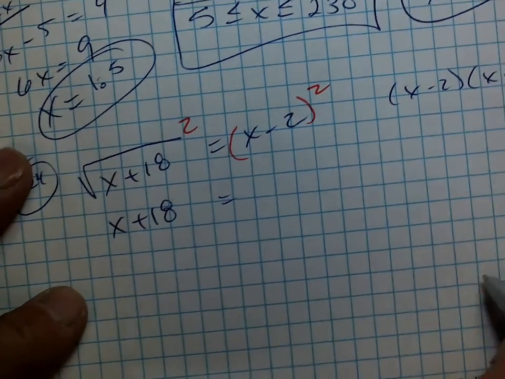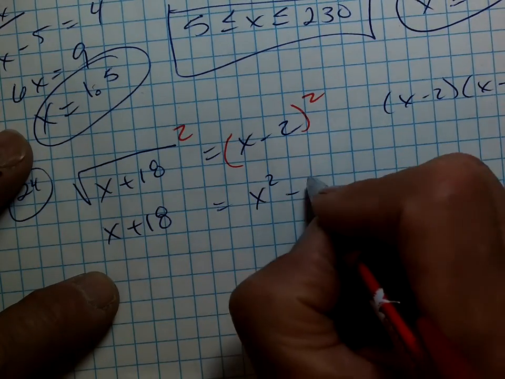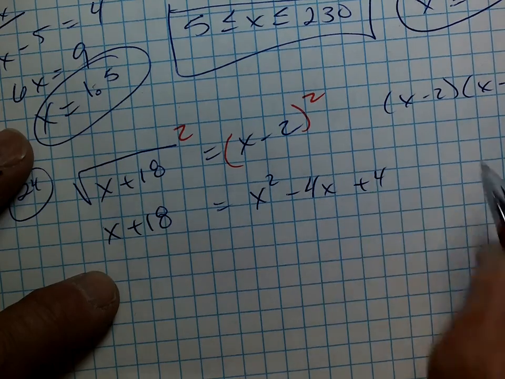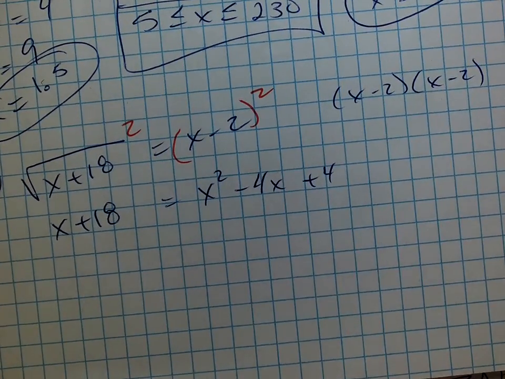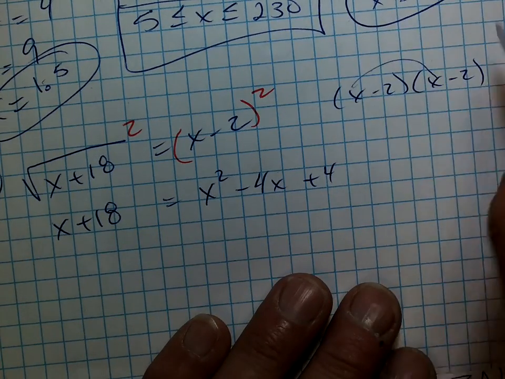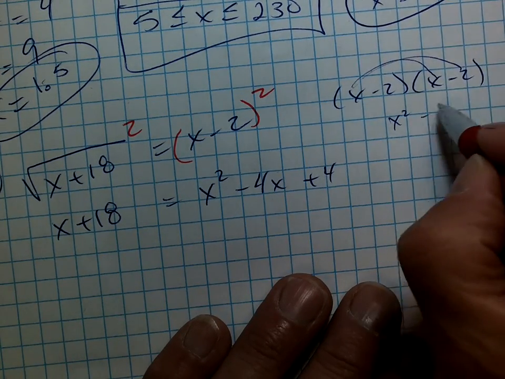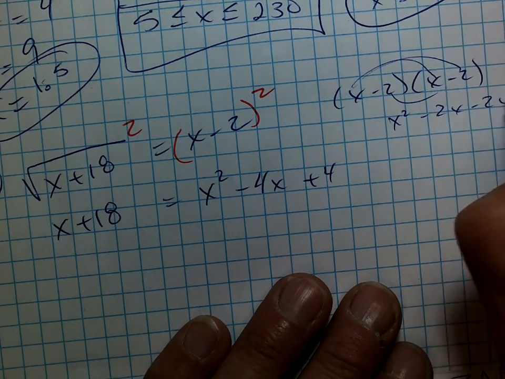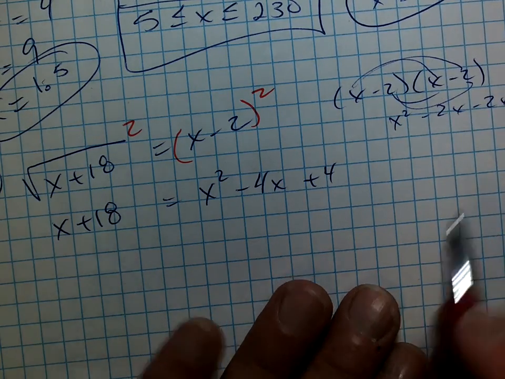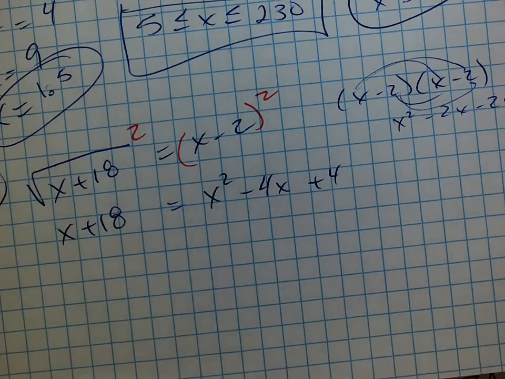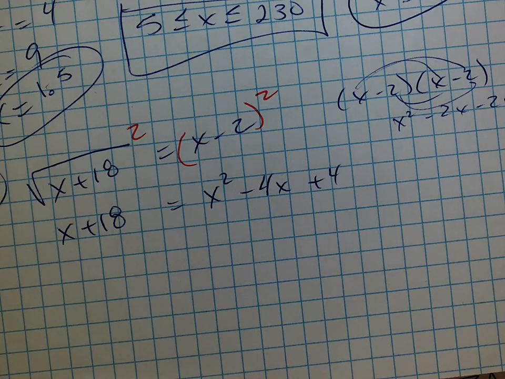Turns out that it really is x squared minus 4x plus 4. It really is. Right? X squared minus 2x minus another 2x plus 4.